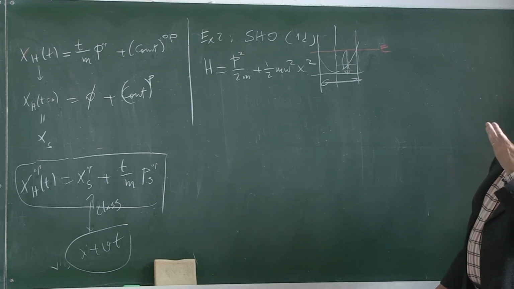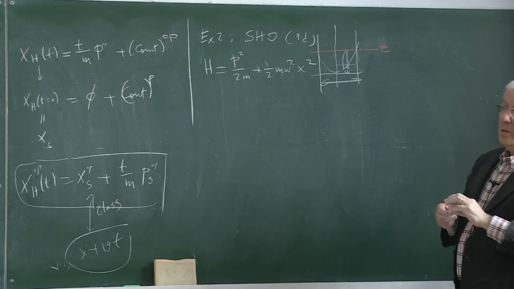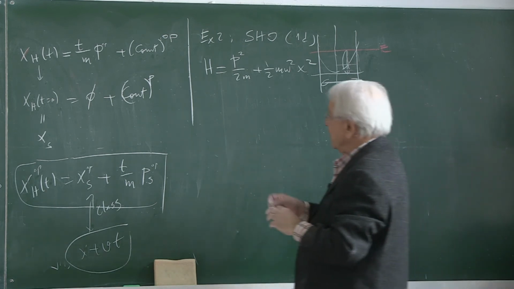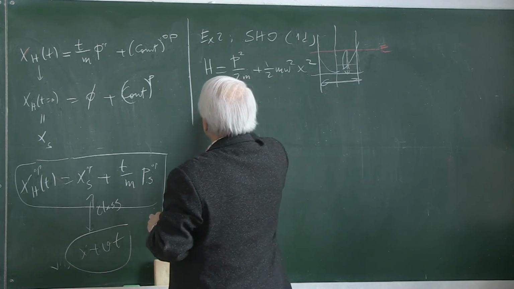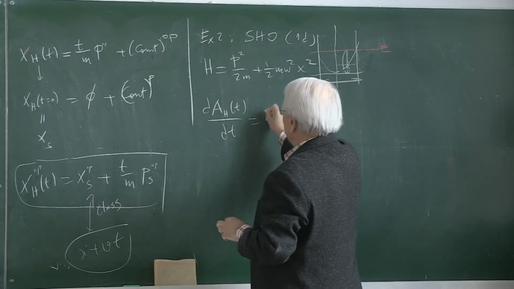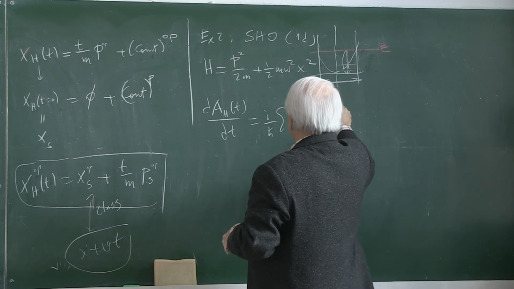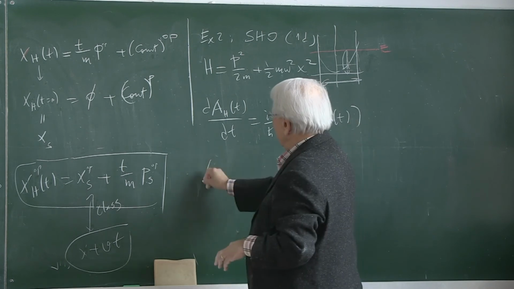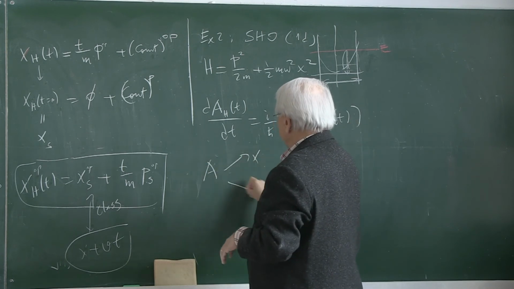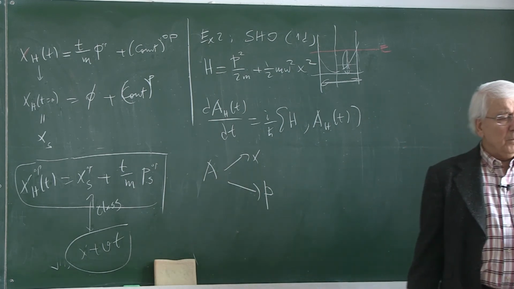Now this one, if I need to solve it in this new context, I will refer to the equation, write down the equation again: dA_H/dt equals i over h bar, the commutator of H_H(t) and A, and for A, I will take X and P, that's the algorithm, how you approach the problem.